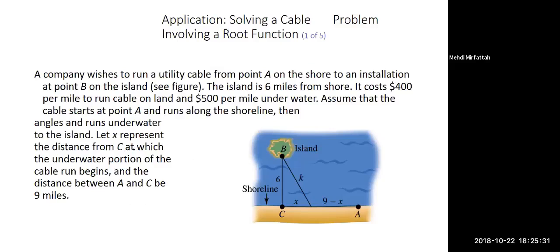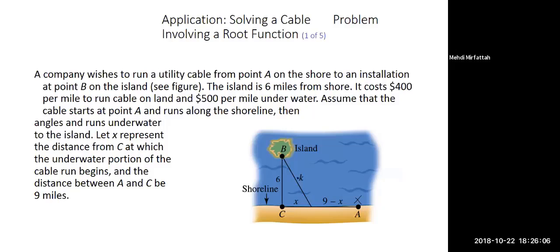Here a company wishes to run a utility cable from point A, which is right here, on the shore, to an installation point B, this island here. So we want to move some cable from point A to the island point B. Part of the line is going to be on ground, and the other part under the water.